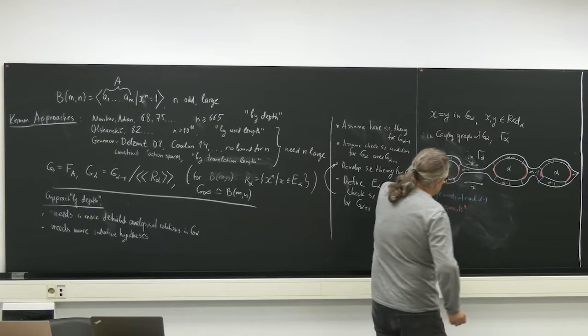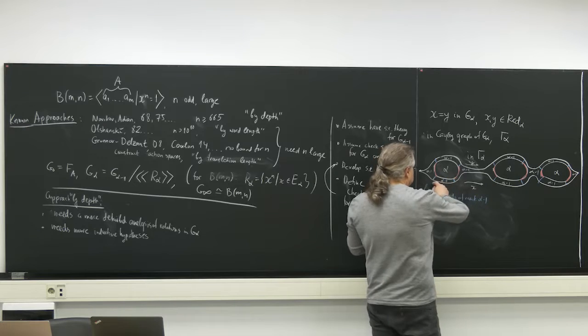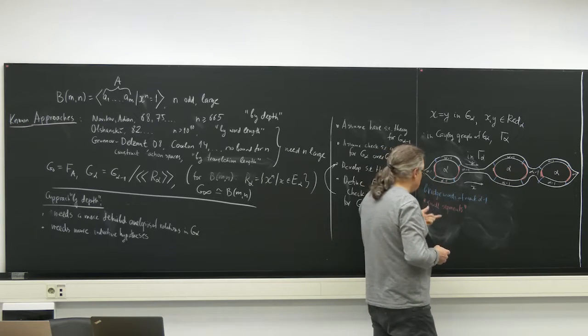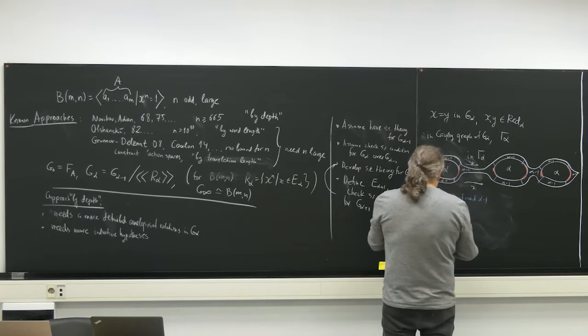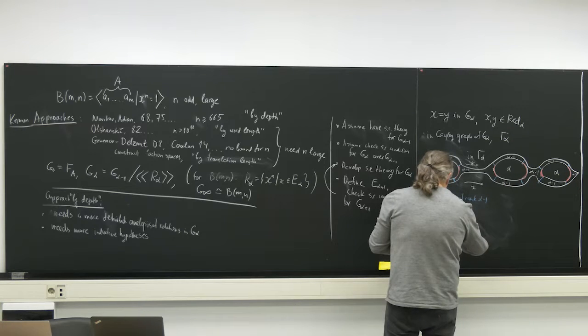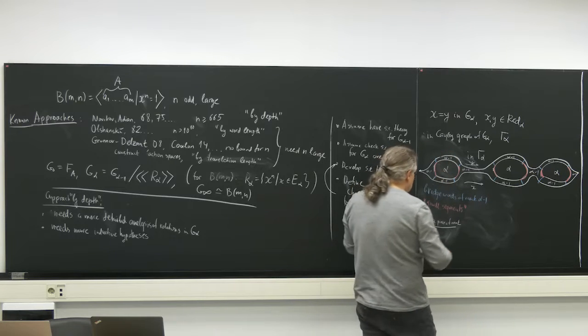And if you look at this loop consisting of 4 paths, it corresponds to a closeness relation of the previous rank. So what we have here is a piece of rank alpha. By a piece, I mean any subword of a relator of rank alpha.